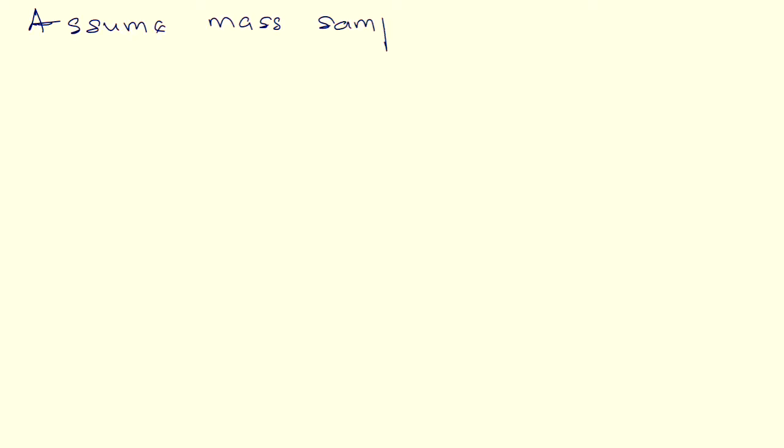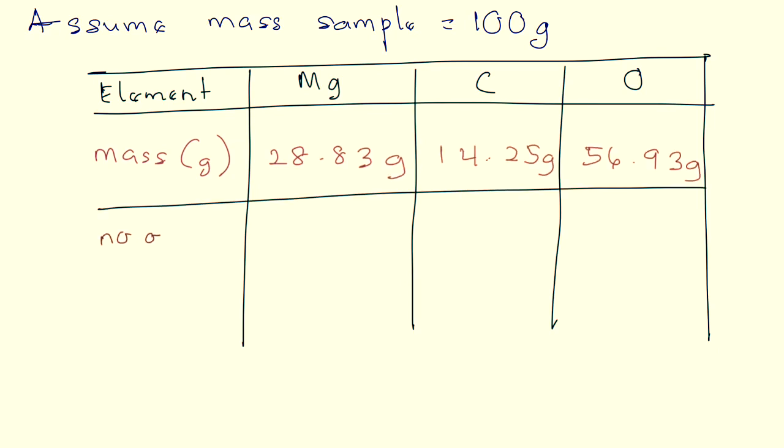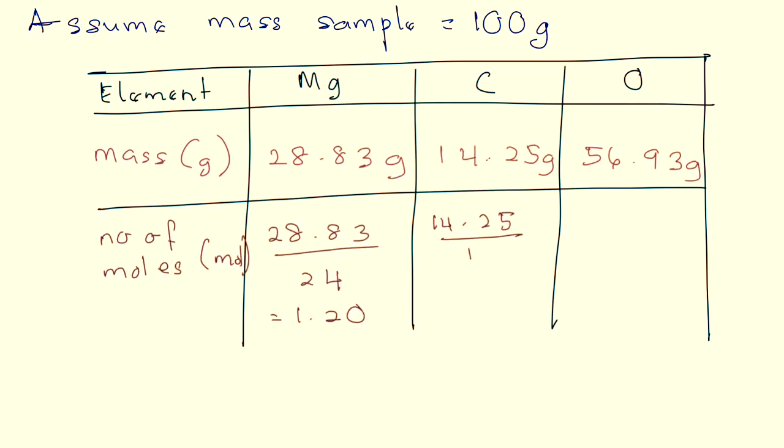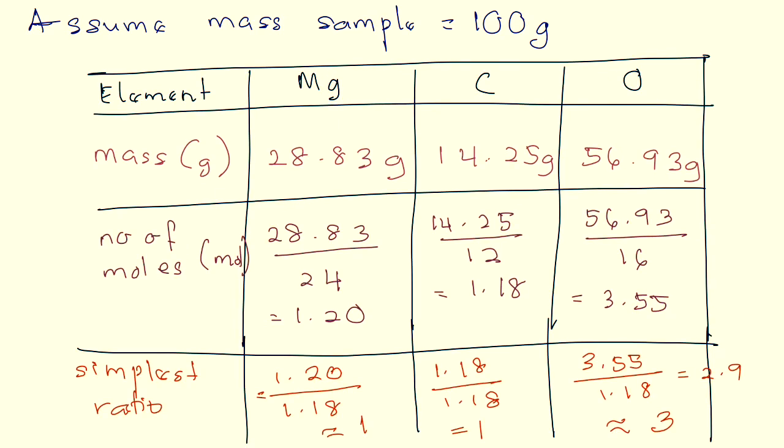From the question, there is a statement about the percentage of each element by mass, meaning that you can assume the mass of the sample is equal to 100 gram. Therefore, we get the mass of magnesium, which is 28.83 gram, the mass of carbon, which is 14.25 gram, and the mass of oxygen, which is 56.93 gram.